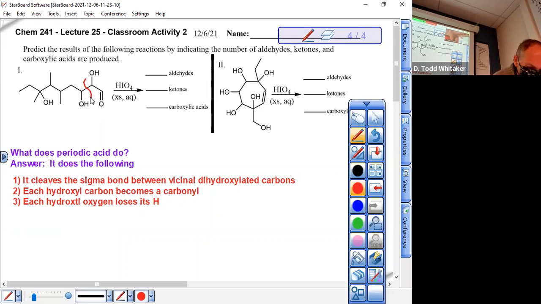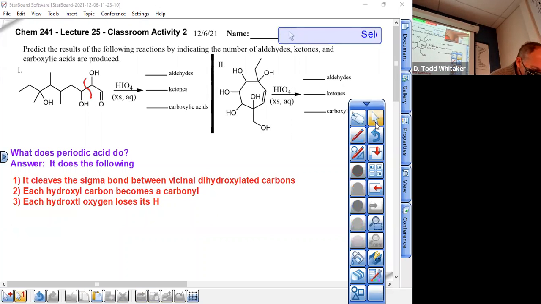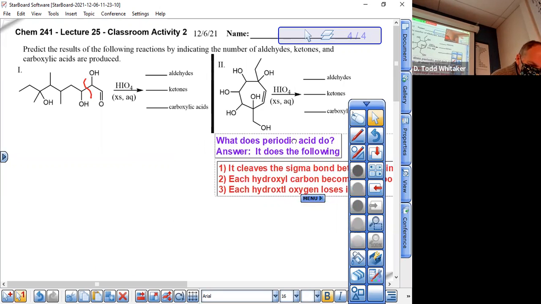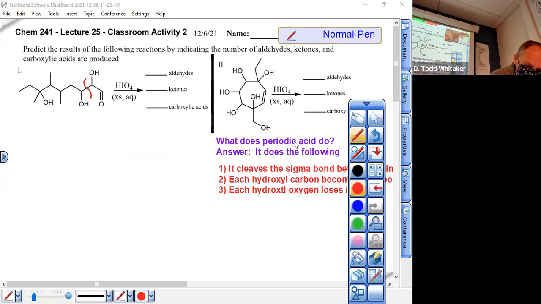So in the first thing that happens, you're going to get a cut. Cleaves the sigma. So that sigma's gone. You'll have two units here. So the one on the left looks like this.